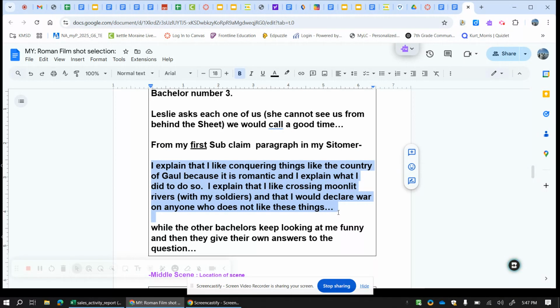So I explain I like conquering things like the country of Gaul because it's romantic. And I explain how I did it. And then I explain I like crossing moonlit rivers with my soldiers, and I would declare war on anyone who does not like doing those things. Because again, my first body paragraph is about those things. And I give a little bit more detail, but I don't need to explain everything.